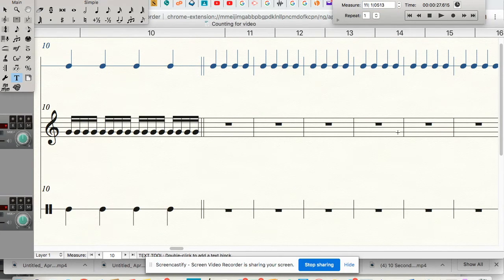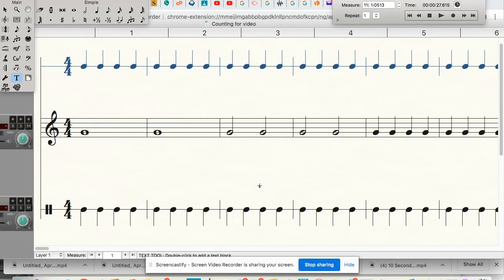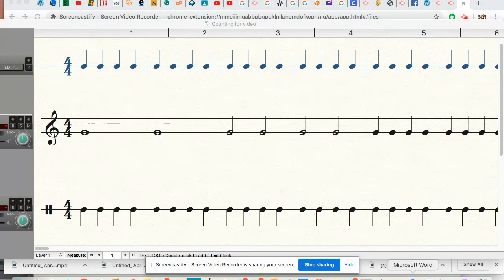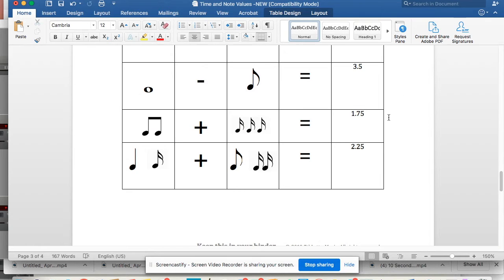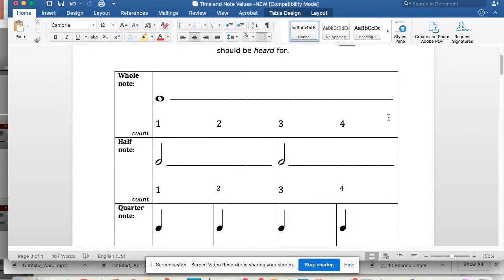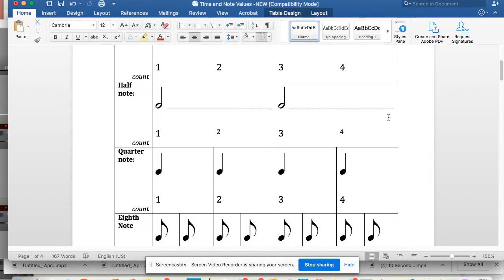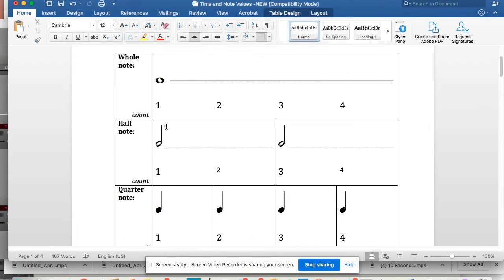Good. Now let's go on back and remind ourselves real quick. If you downloaded this wonderful sheet that I told you guys to download in the first place, we remember our counting here. 4 counts. 1, 2, 3, 4. Half notes. 1, 2, 3, 4.